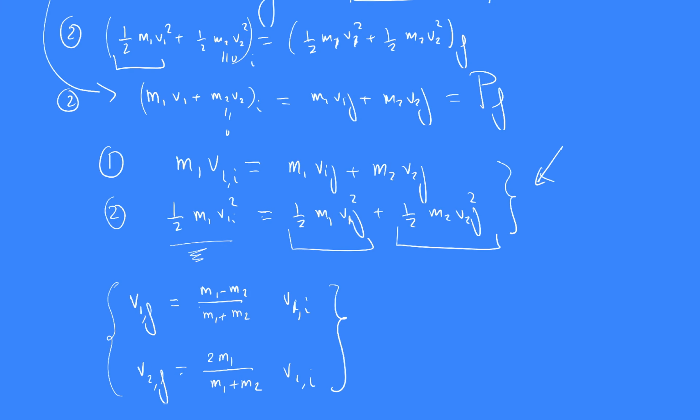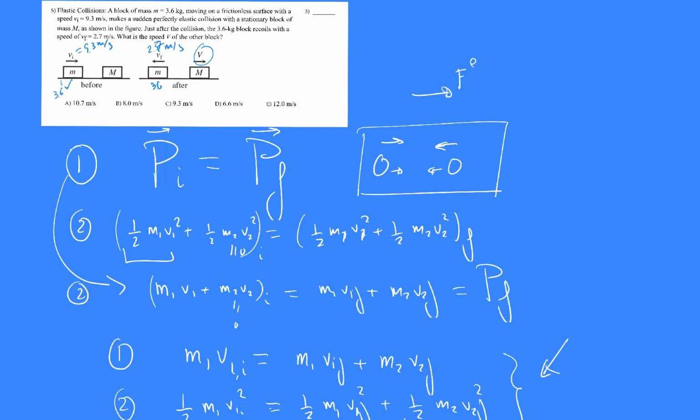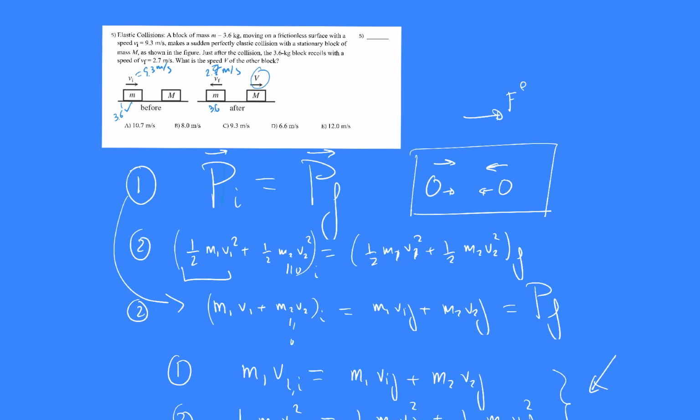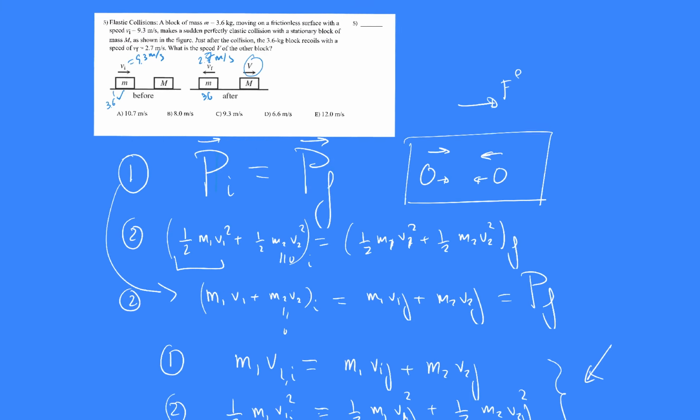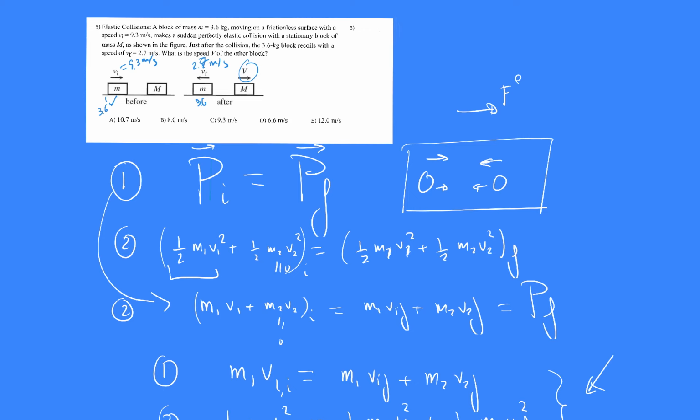So the problem is just to plug in numbers. So v1f, what will it be? M1 minus M2. M1 is 3.6. V1 is 9.3.